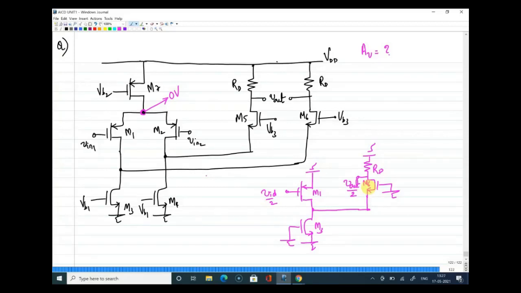Eshita, can you check? I think there is a mistake. R02 parallel to R04, yeah, that is right. Whatever you have written is right. That is for your output impedance, that is R out.